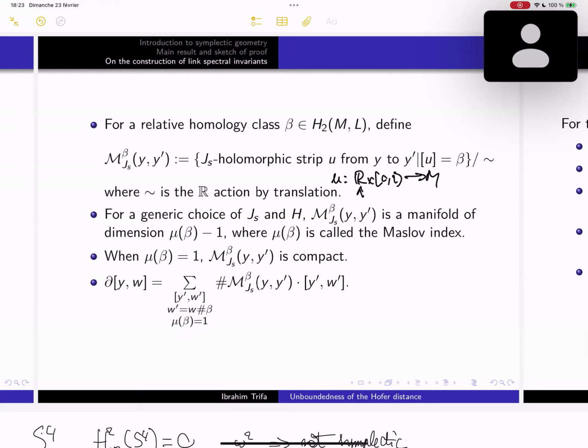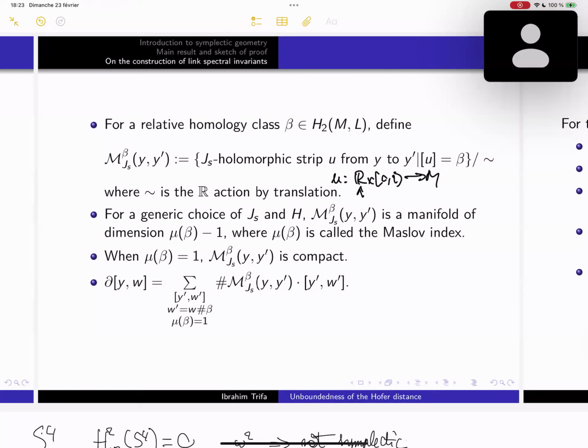So it only depends on the homology class of the strip. In particular, when the Maslov index of beta is equal to 1, the moduli space will be a dimension 0 manifold, and one can show that it is compact, so it has to be a finite collection of points.